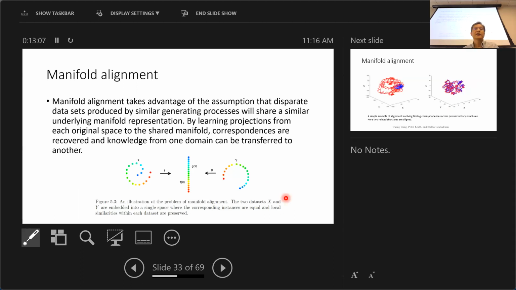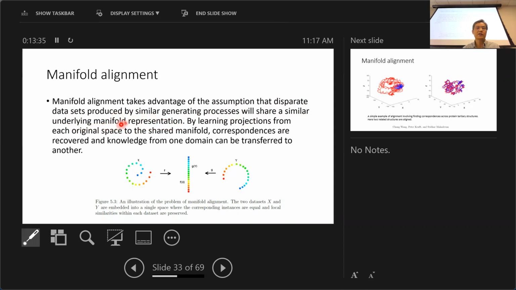This takes advantage of the assumption that these paired data sets are produced by a similar generating process. You have different processes, but for the same sample or group of samples, the generated information shares a similar underlying manifold representation.